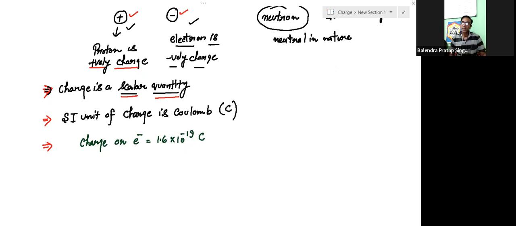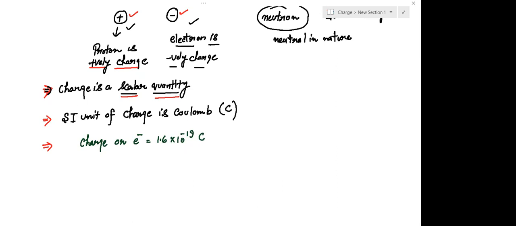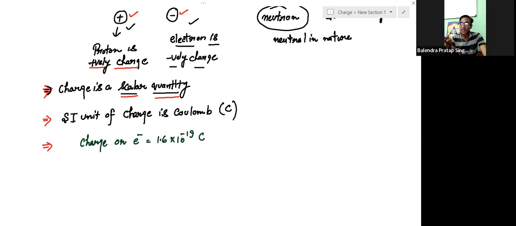The charge on the electron is -1 and on the proton is +1, but the magnitude is the same: 1.6 times 10 raised to the power -19 Coulomb.